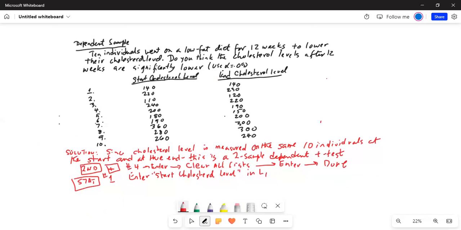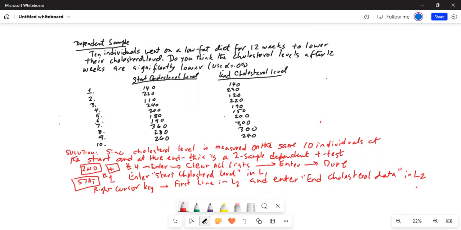Then right cursor key, right cursor key, to the first line in L2, list 2 actually, and enter the end cholesterol data in L2.